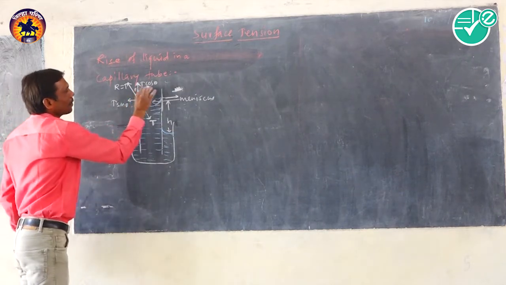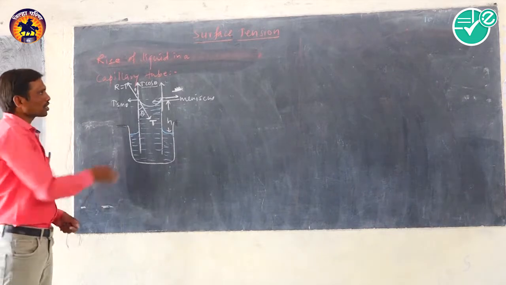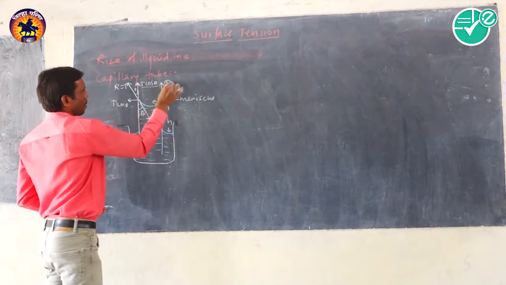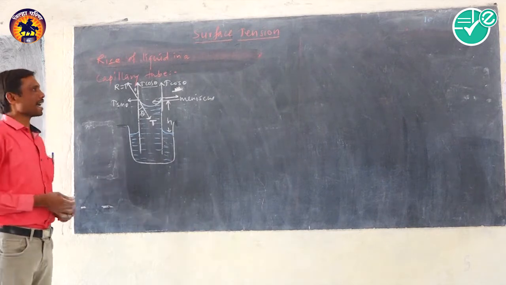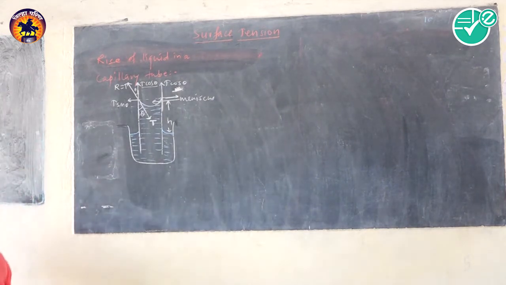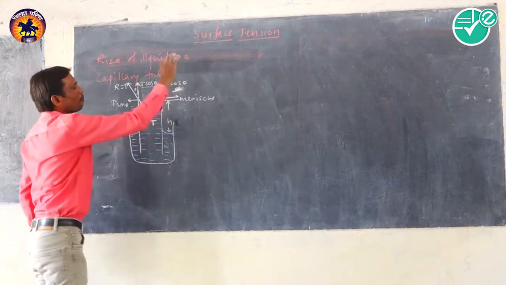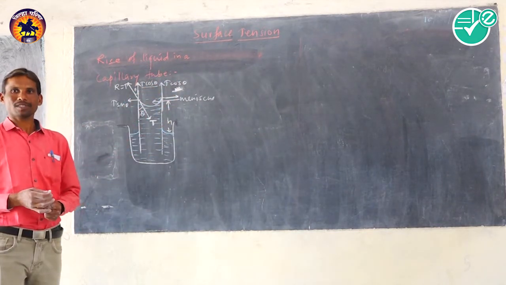But this is the vertical component, and all vertical components are in the same direction. So all vertical components are added together, but it is the component acting per unit length of the liquid meniscus.